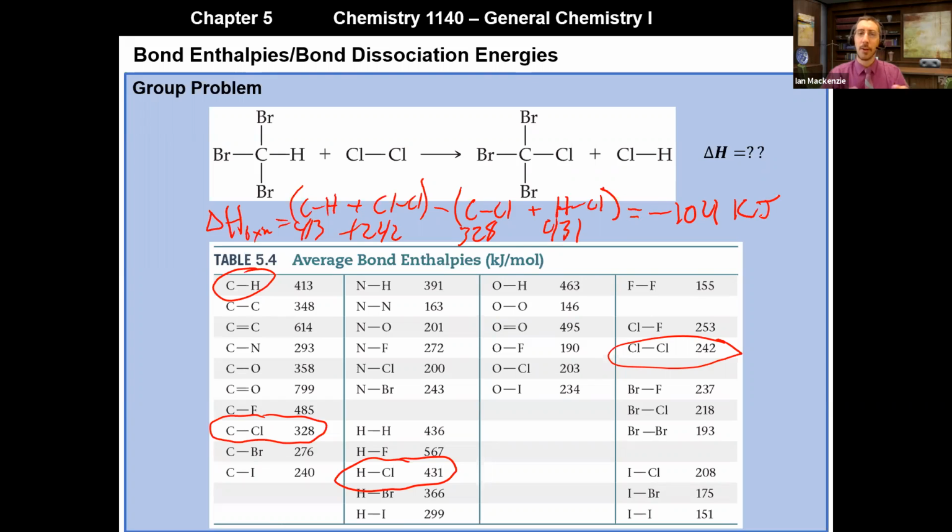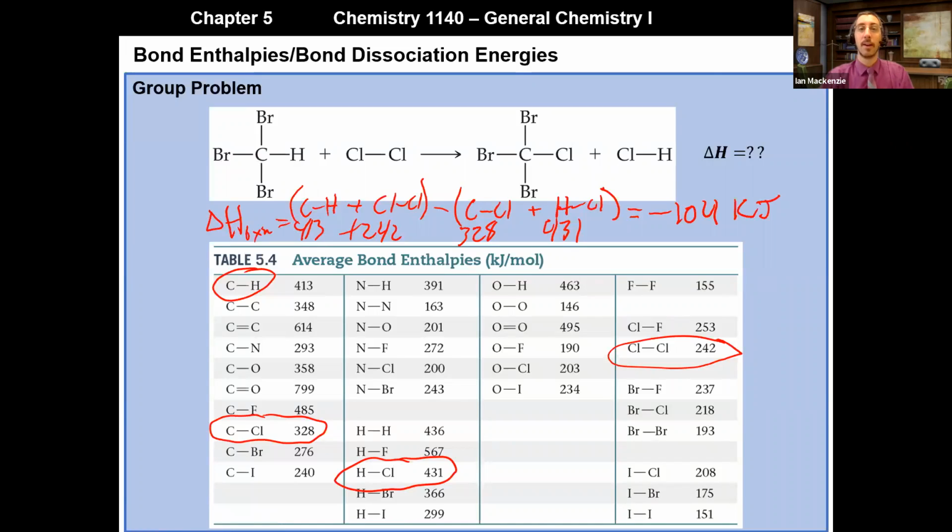Now you may wonder, we have different reactants. We've got bromines present instead of hydrogen, so why is the enthalpy the same? Well, notice here that these are average bond enthalpies. The very specific CH bond dissociation energy for this particular CH bond isn't going to be exactly 413 kilojoules per mole, but it would be close to that.